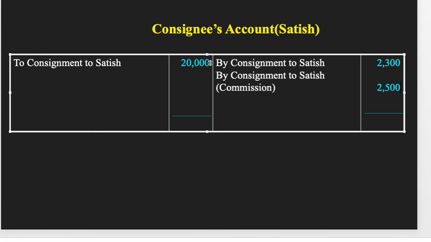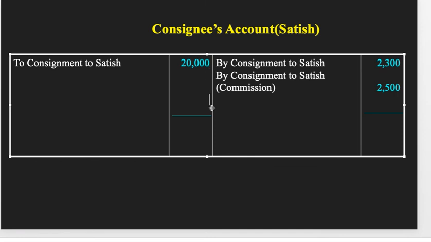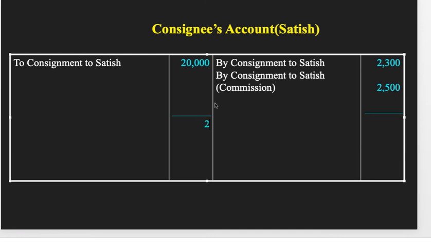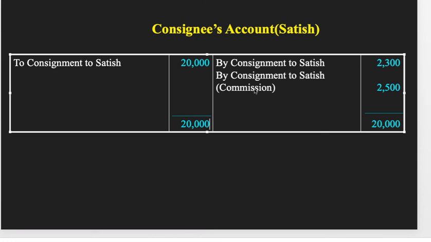Fine, that is it. So here we are going to close this account. This is 20,000 here, so here again it has to be 20,000. Here we have a difference of 15,200.